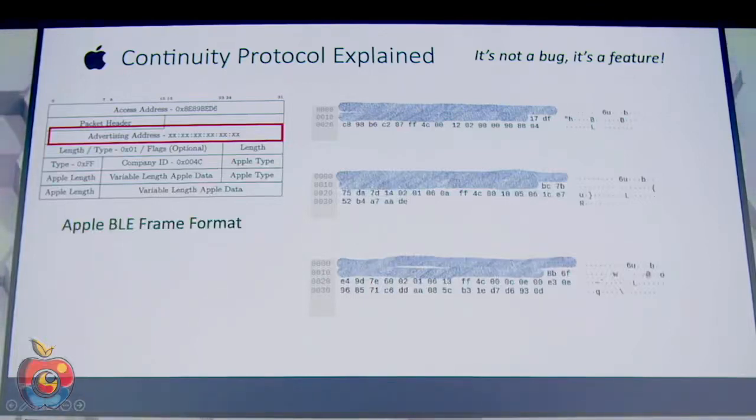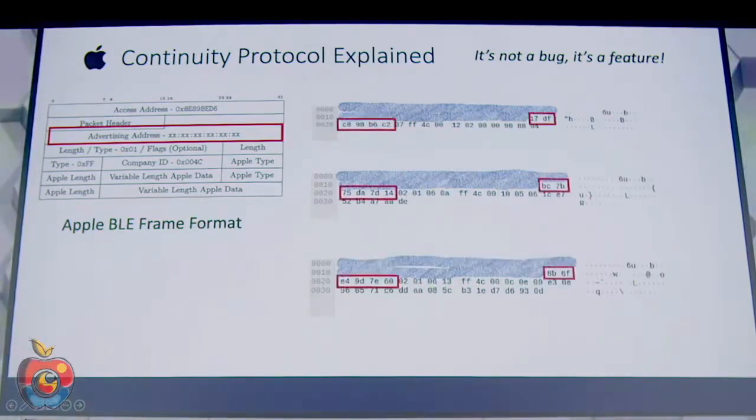So it's going to rotate every 15 minutes so that if you're going from location to location, you're not beaconing those same 6 bytes. If you're a developer and you want to integrate your IoT device with Apple, they want you to also rotate your MAC address, or your advertising address, every 15 minutes. Not all devices do that, so this is something that Apple does, and it is really good from a privacy perspective.